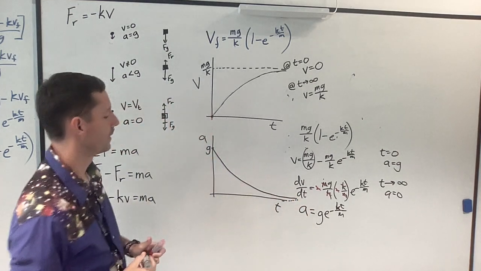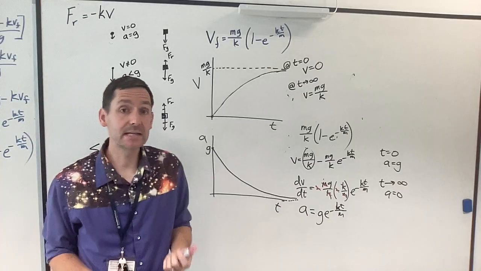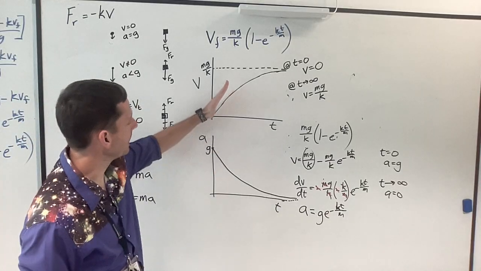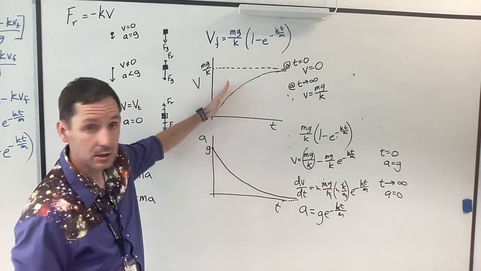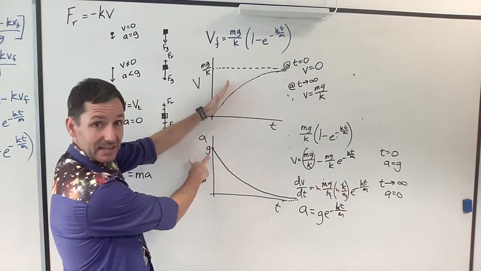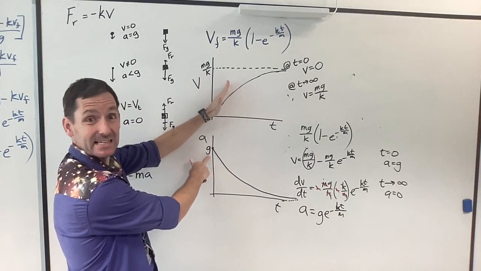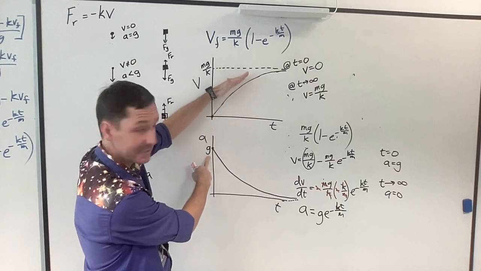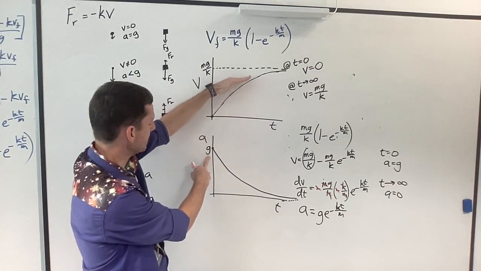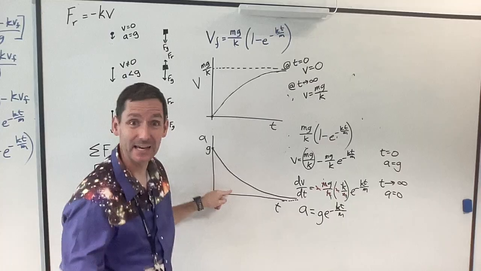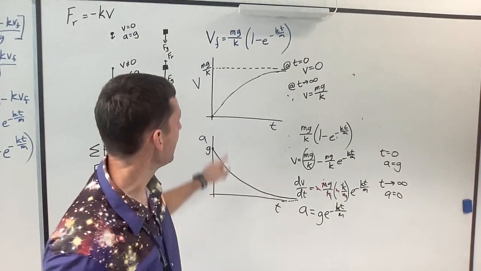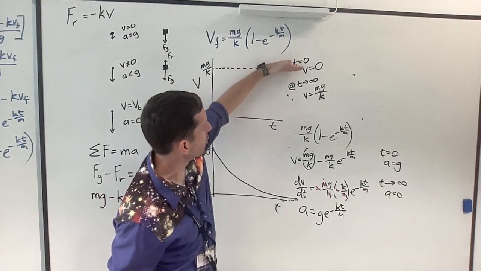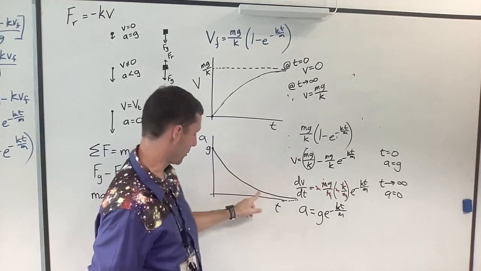All right? Now, that should make sense because at the beginning, the slope of v was steep, so I have a large g. That's large A, right? A is the slope of the v graph. Here, v is decreasing, right? The slope is becoming less and less, so therefore, A should be getting less and less and less. In the end, my graph is approaching a slope of 0, and what do I see down here?